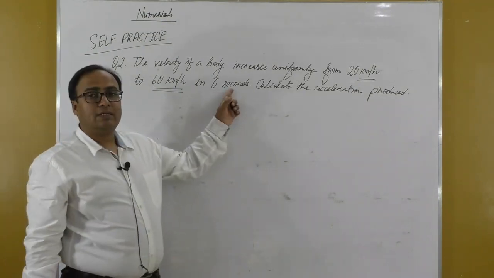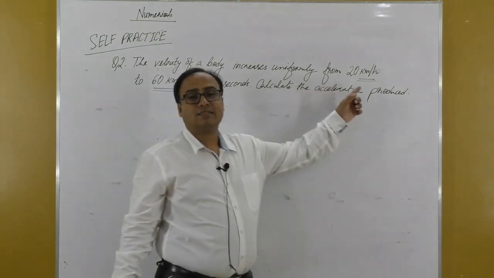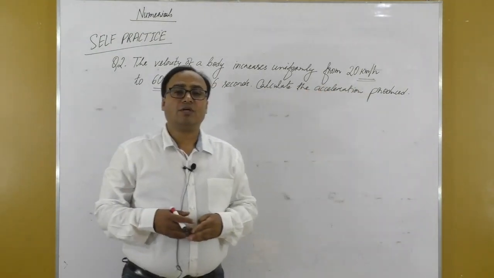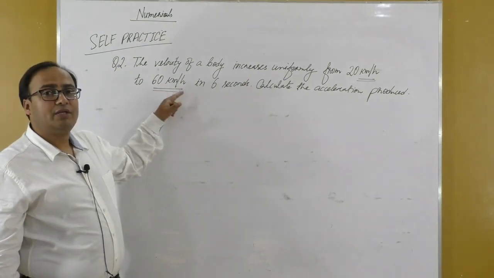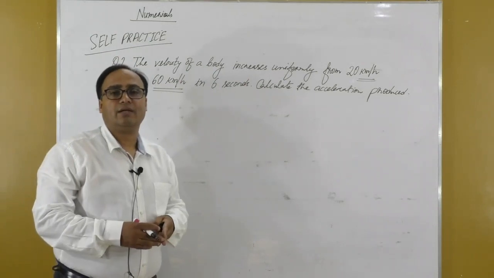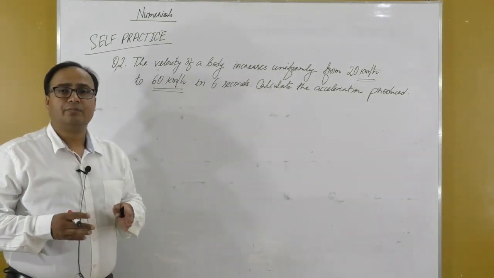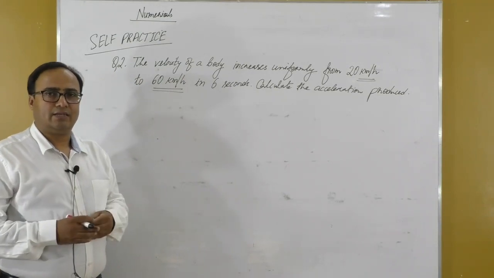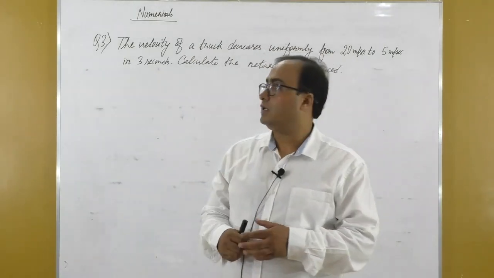Time is given in SI units, seconds, but the velocity is not given in SI unit. So you will have to convert the units from kilometer per hour to meter per second, because time is given in second, and then you try to calculate the answer in SI unit, that is meter per second square.